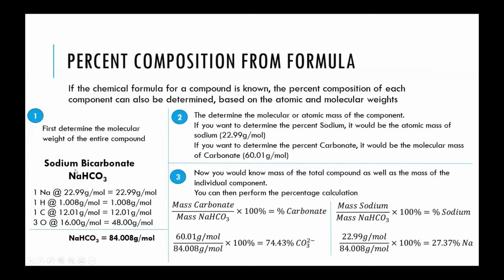That's the percentage of sodium bicarbonate that is made up of sodium. When you determine the molecular weight of carbonate itself at 60.01, you again can divide that by the molecular weight of the entire compound to figure out that sodium bicarbonate is 74.43% carbonate.